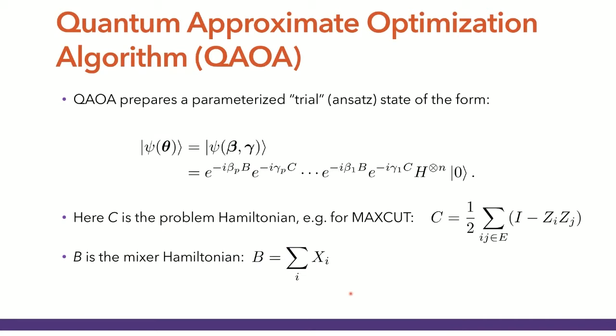Well, the issue with that would be that both the mixer and the phase separated Hamiltonian will be diagonal in the computational basis. And so what this means is that no matter what state you start with, if you only have diagonal operators, they do not change the probability amplitudes of your outcome.